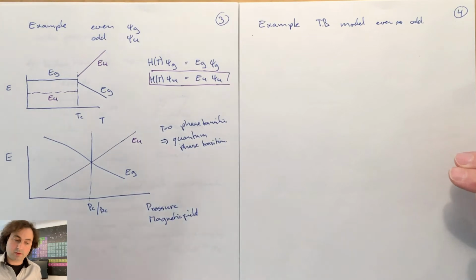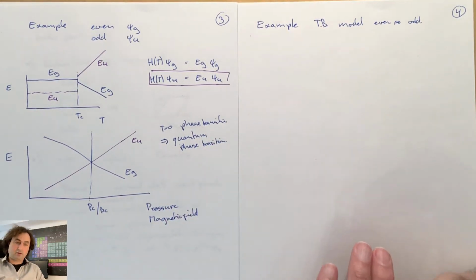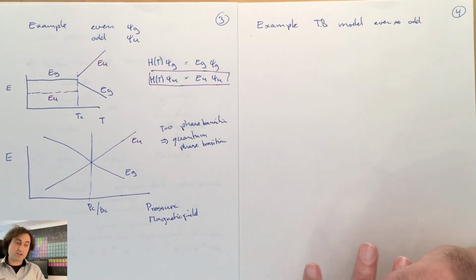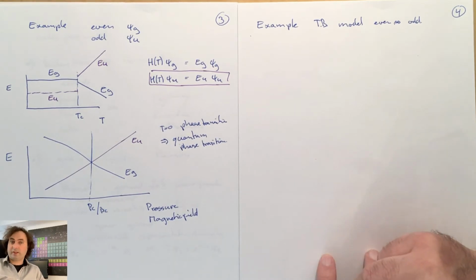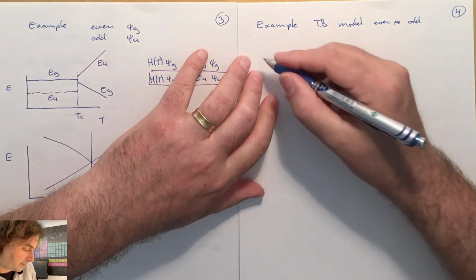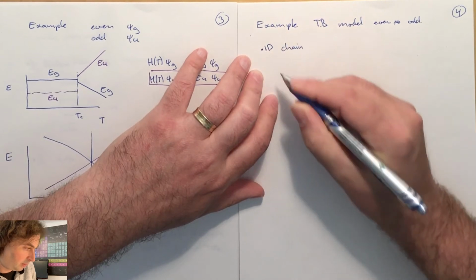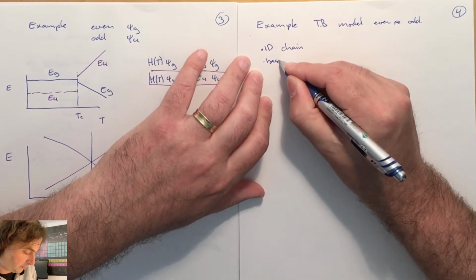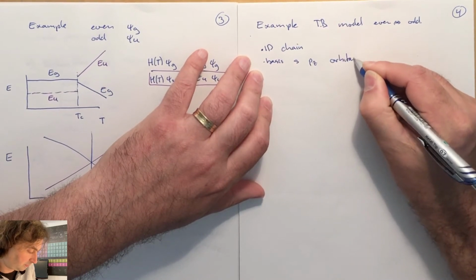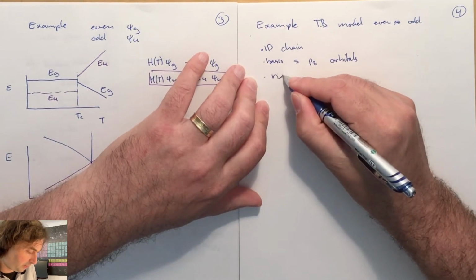And this is an example that we will come back to in later lectures as well, as we can not only use it for phase transitions where we change the irreducible representation, but we can also use it for phase transitions where we change the topology of the wave function. So in my example, I will make a one-dimensional chain. I will assume a basis of s and pz orbitals. I will assume that I have nearest neighbor hopping.